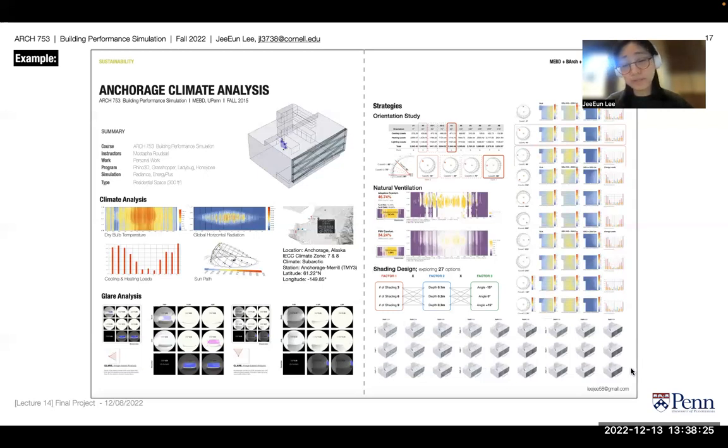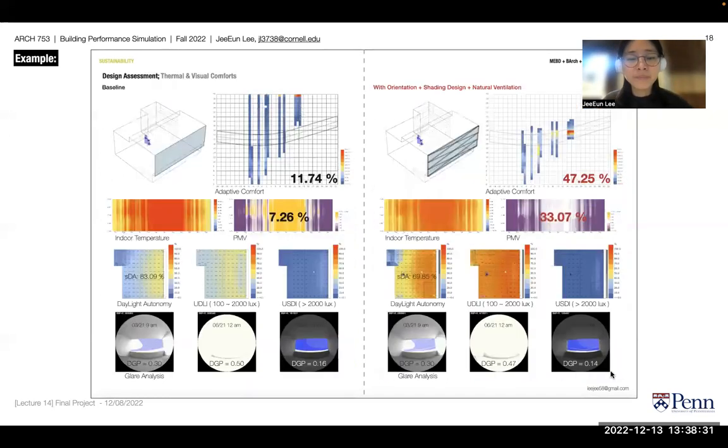And probably it's not really obvious, but from here to there, the density of shading is increased. For the second page, I showed what the baseline is and what the selected one is with all three strategies, and how the adaptive comfort increased, how the PMV increased, and how the daylight conditions got better.